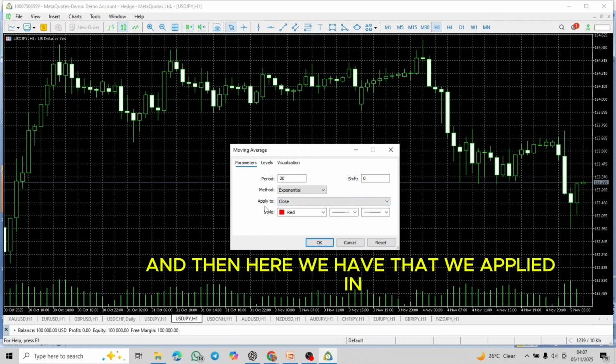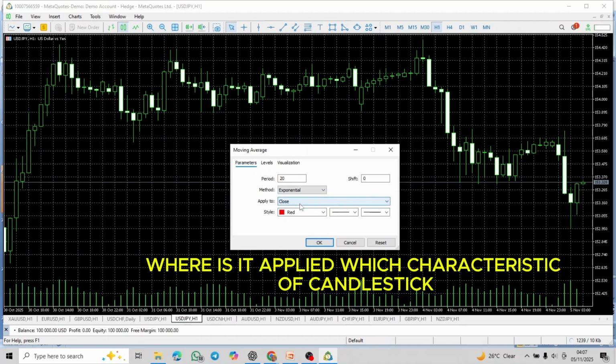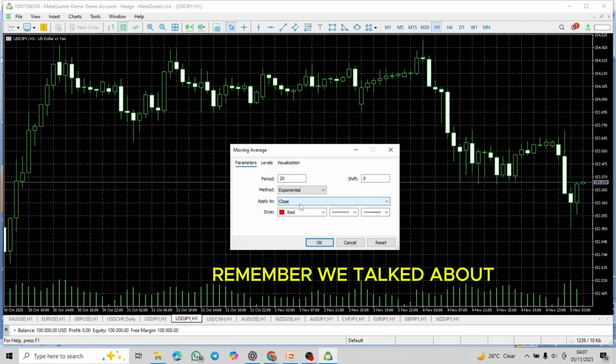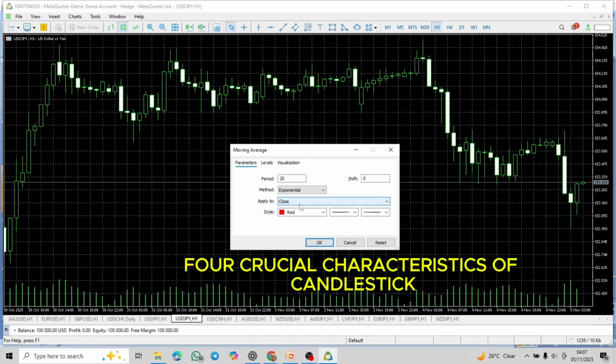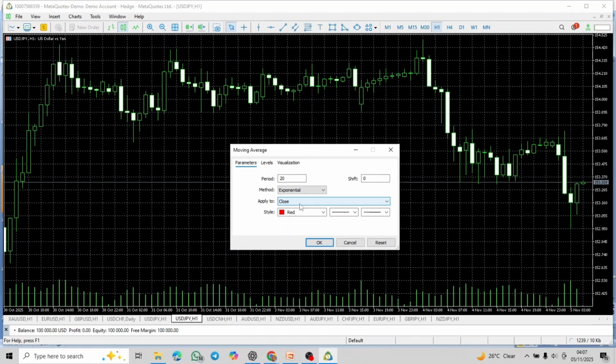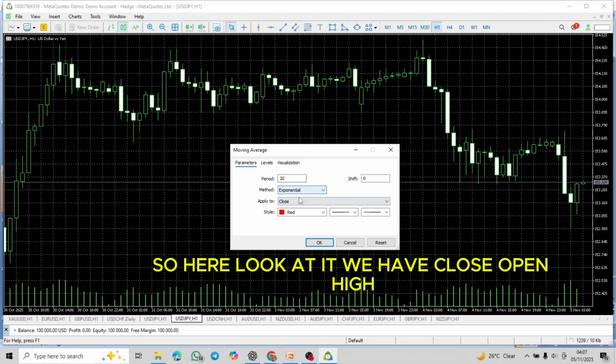And then here we have applied to. Which characteristic of the candlestick are you going to use to compute your moving average? Remember, we talked about 4 crucial characteristics of a typical candlestick. We have the open, high, low, close. So here, look at it.